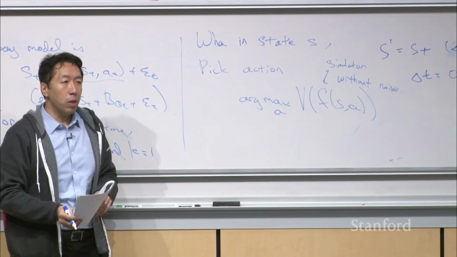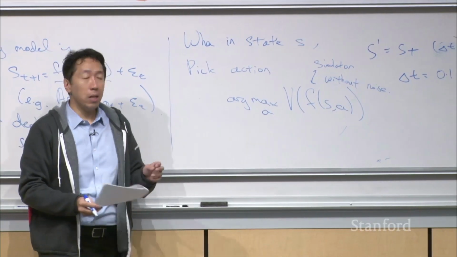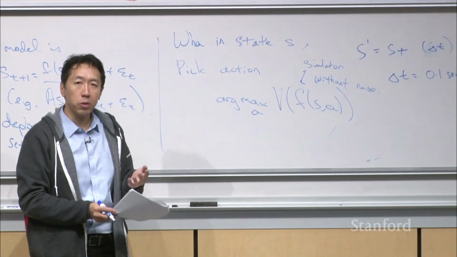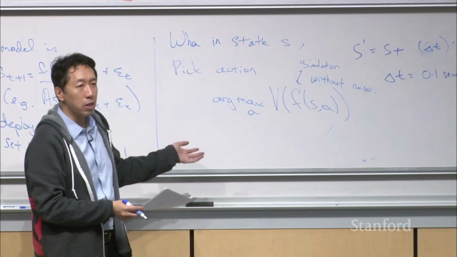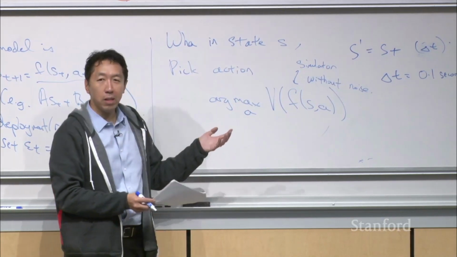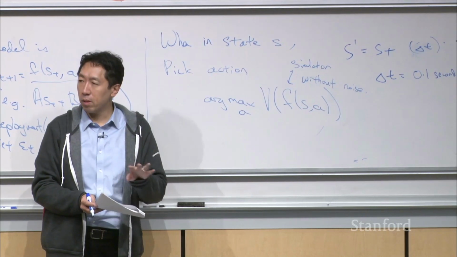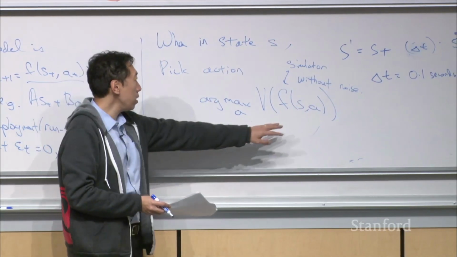And so what you would do is, actually, computers are now fast enough. You could do this 10 times a second, right? If you want to control a helicopter or self-driving car at 10 hertz, you can actually easily do this. Your car or your helicopter is in some physical state in the world, so you know what S is.